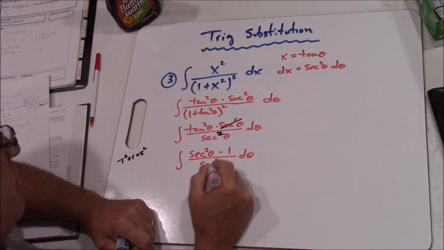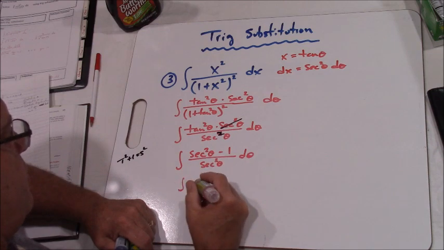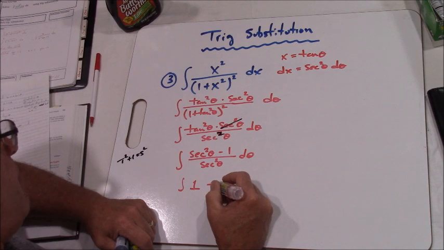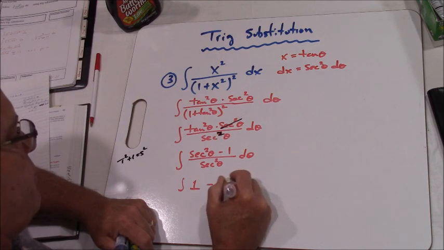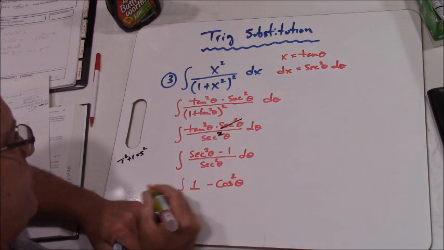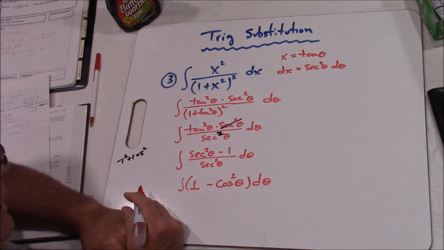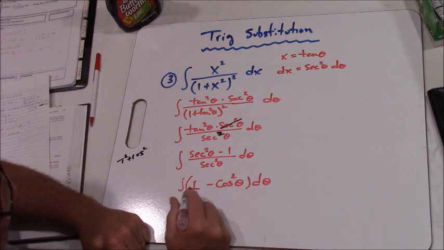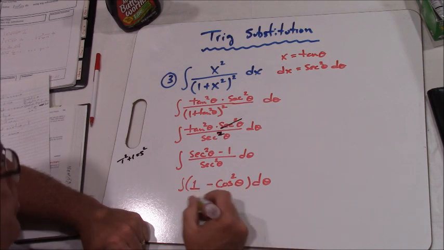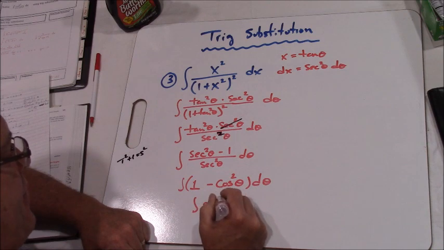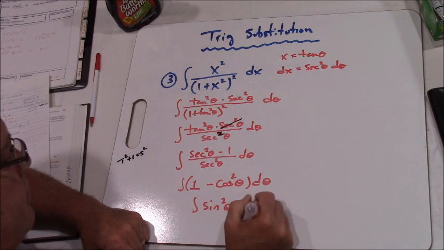If I divide this into two separate fractions, what I get is an integral of 1 minus 1 over secant squared, which is a cosine squared, d theta. And so now by Pythagorean identity, I know that this is equal to a sine squared d theta.